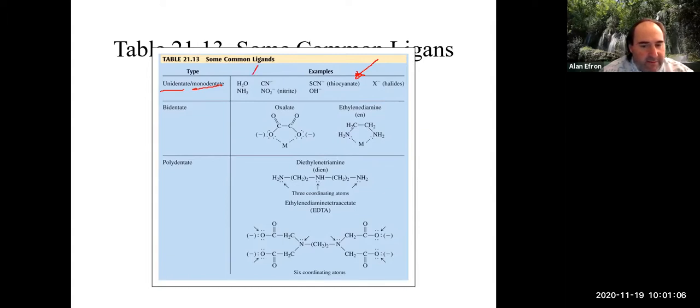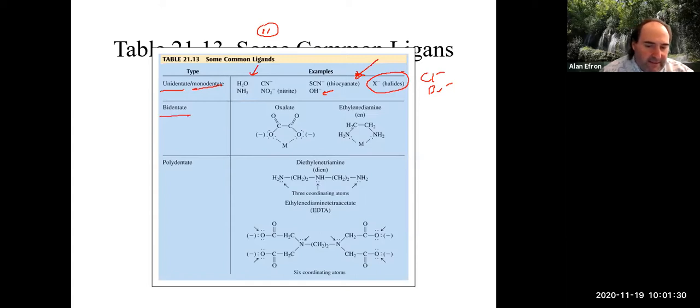Again, all these guys are kind of polar. They have those non-bonding electrons on the atoms that are able to do it. Thiocyanate, hydroxide, and then all of our halogens, like Cl minus, Br minus, etc. Those guys are all monodentate, basically giving you a coordination number of 1 for everyone that attaches.